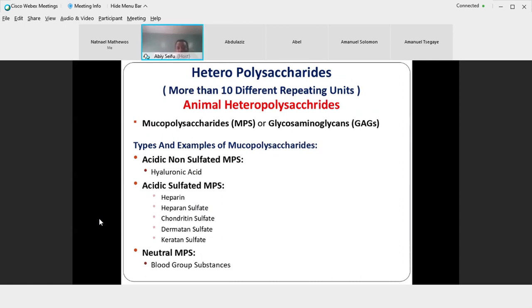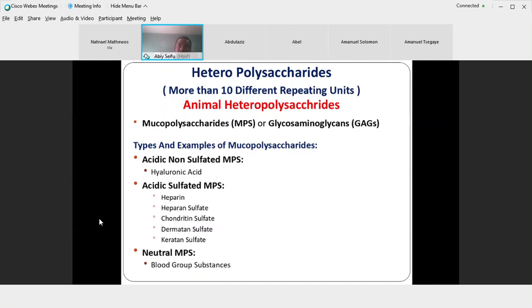Now, we do have some examples of GAGs or mucopolysaccharides. One is acidic non-sulfated mucopolysaccharides, especially hyaluronic acid, and the other group is acidic sulfated GAGs. As I mentioned earlier, one of the derived simple sugars is amino sugars.